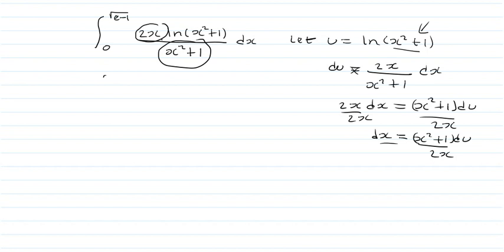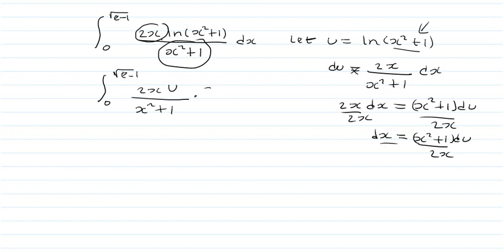Since we have our dx, we can replace it into the main function. So we have the integral from 0 to the square root of e minus 1. Here we have a 2x. Then where there is ln of x squared plus 1, we are going to replace it with u over here. We have x squared plus 1, then multiplied by our dx.